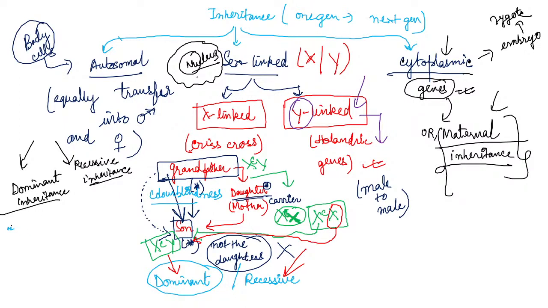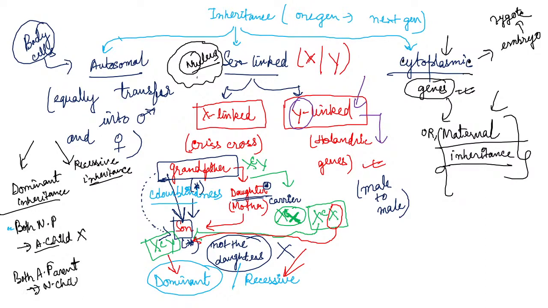Okay. So if both parents are normal, they will never have an affected child, right? If your parents are totally normal and disease free, then you will never have an affected child. But if both the parents are affected, then they cannot have a normal child.